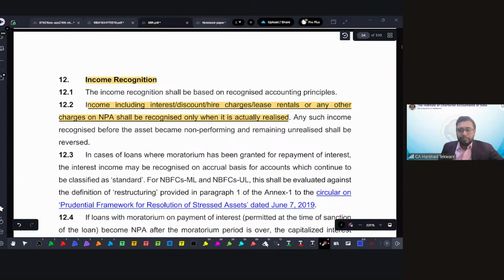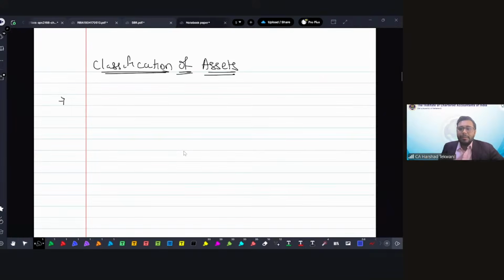See, NPA is a non-performing asset when the account is overdue for more than a particular period of time, for example more than 90 days. It will be classified as standard asset, substandard asset, loss asset. The classification will differ based on those overdues. Yes, very good.